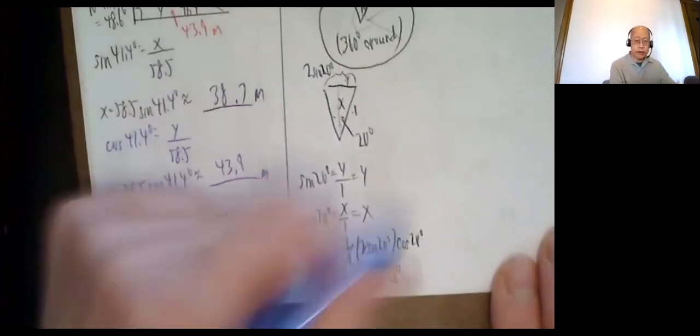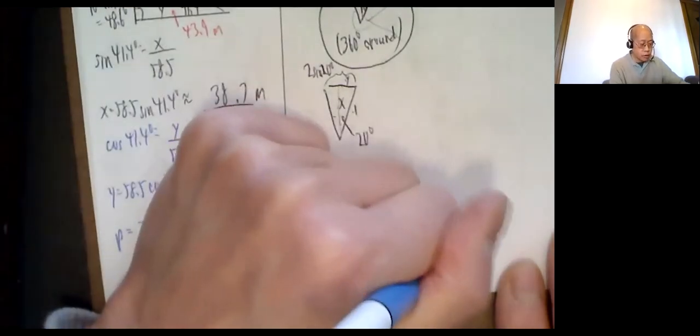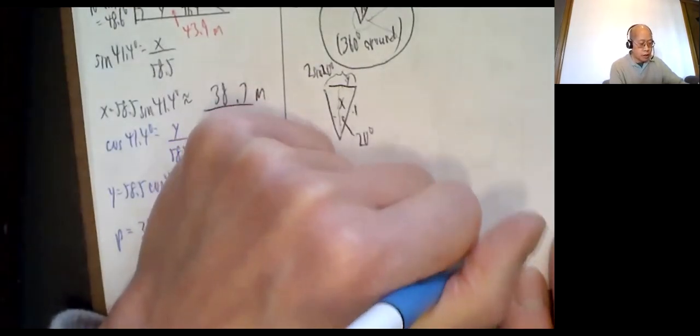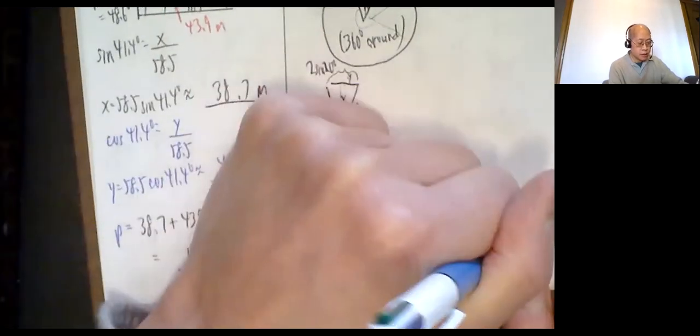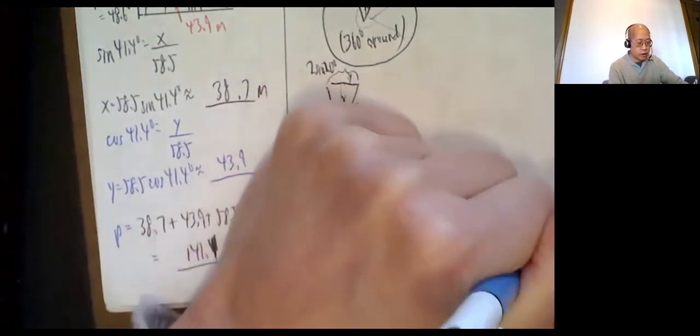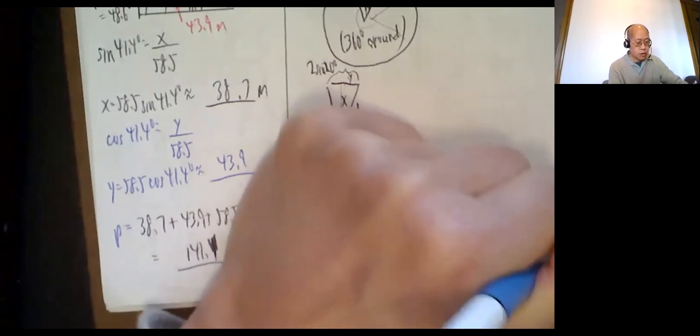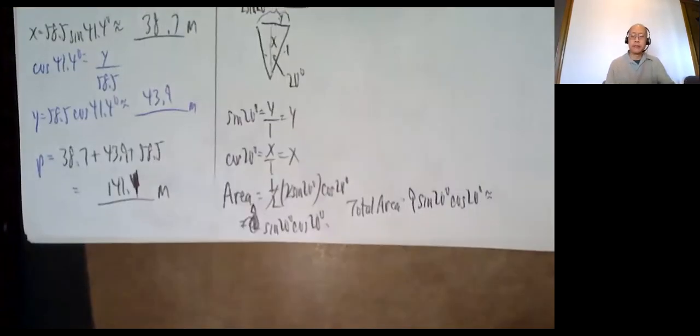We have 9 of them. So for the total area, I just add them all up. So total area is 9 sine of 20 cosine 20.